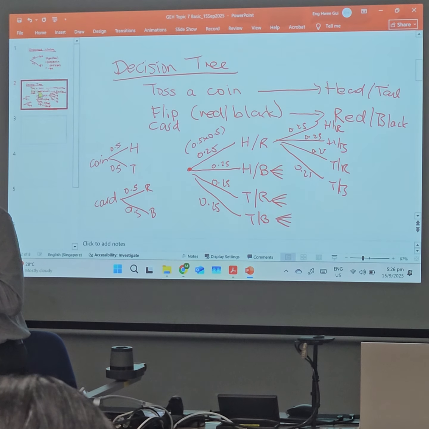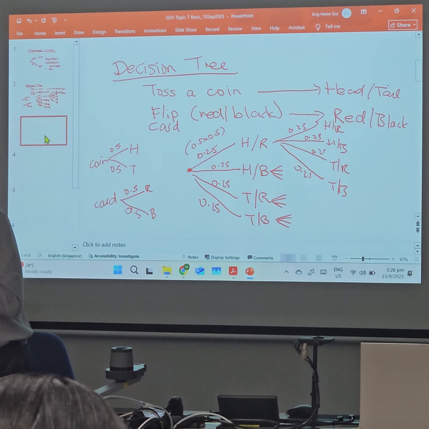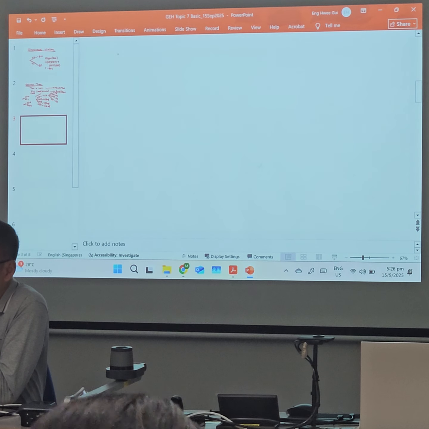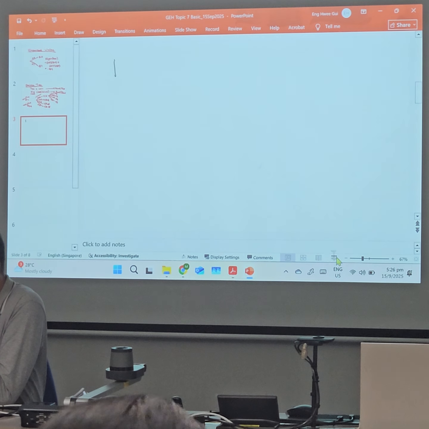Third one, see first. What is net present value or discounted cash flow?